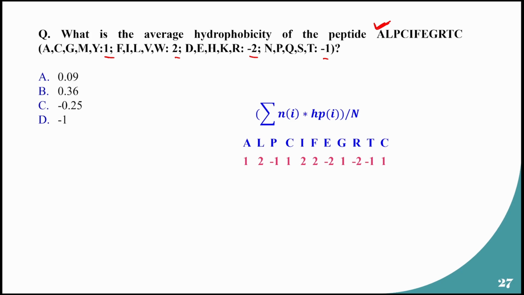In this case, the hydrophobicity values for all of these amino acids are written here: 1, 2, -1, 1, 2, 2, -2, 1, -2, -1, and 1. If you sum all of them up, it should give you 4. With a total of 11 amino acids present, it should be 4 by 11, or 0.36.